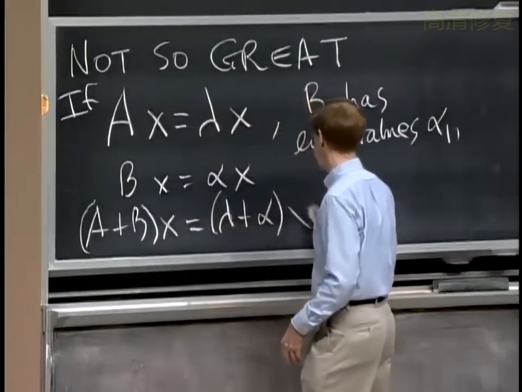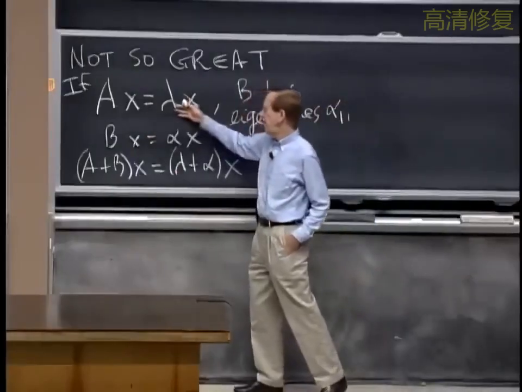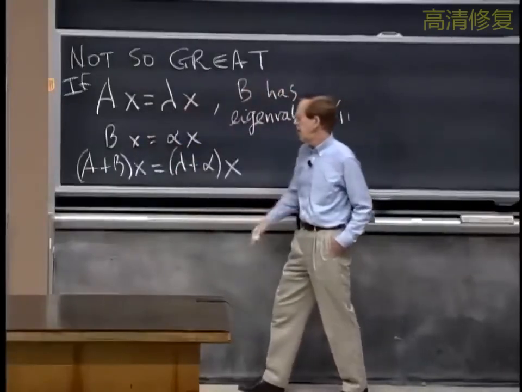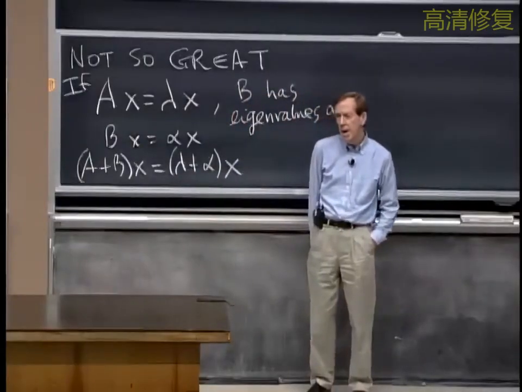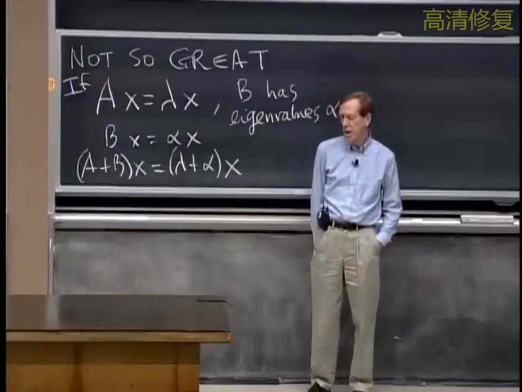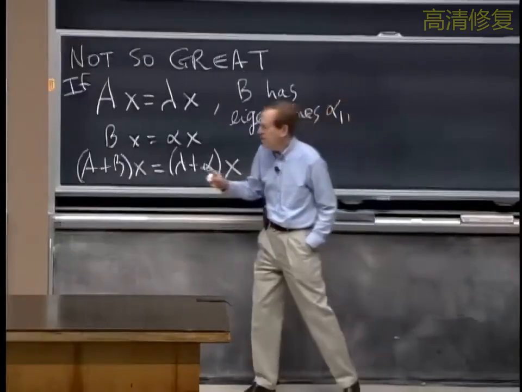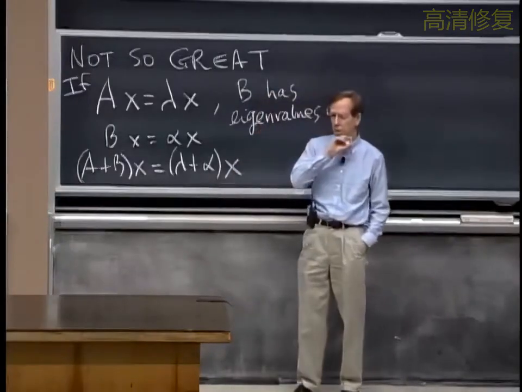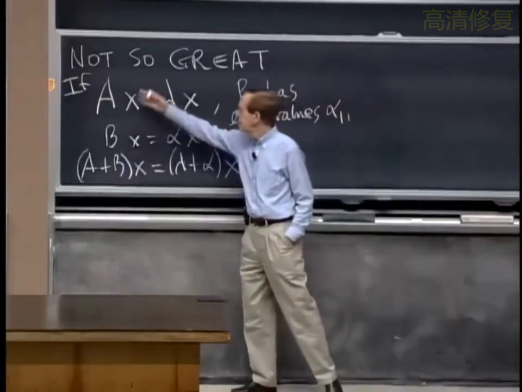So you would think that if you knew the eigenvalues of A and you knew the eigenvalues of B, then if you added, you would know the eigenvalues of A plus B. But that's false. When B was 3I, that worked great. But this is not so great.